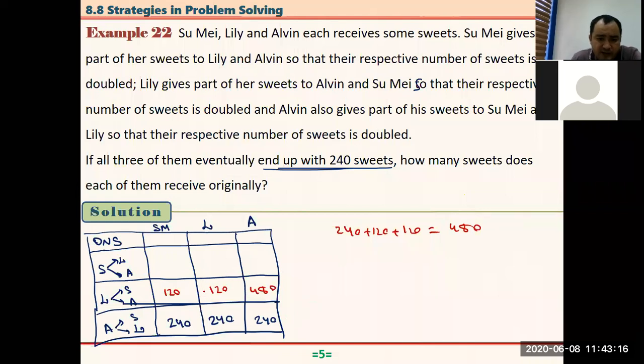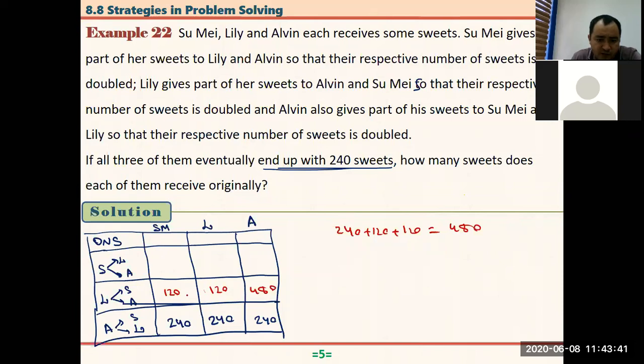Now here it says that Lily is giving. This is Alvin after Lily gives. After Lily gives away to Sume and Alvin, their candies are doubled. So that means before Lily gives candies to her friends, how many did Sume have?